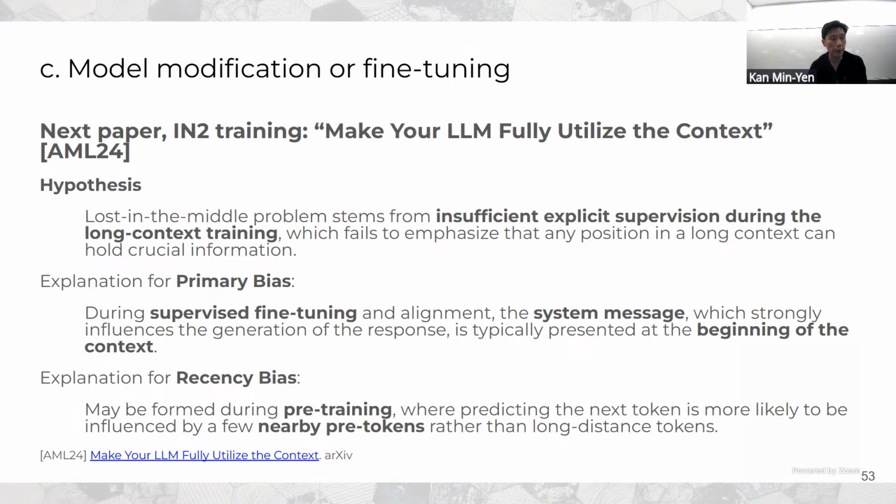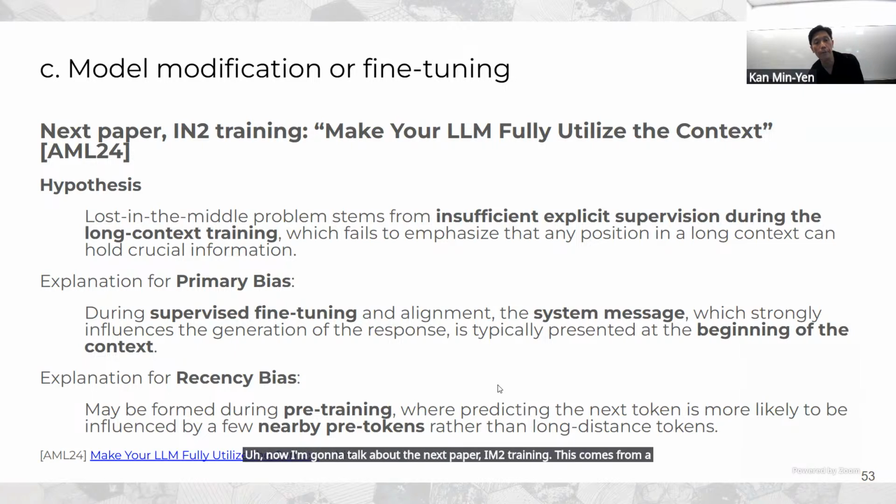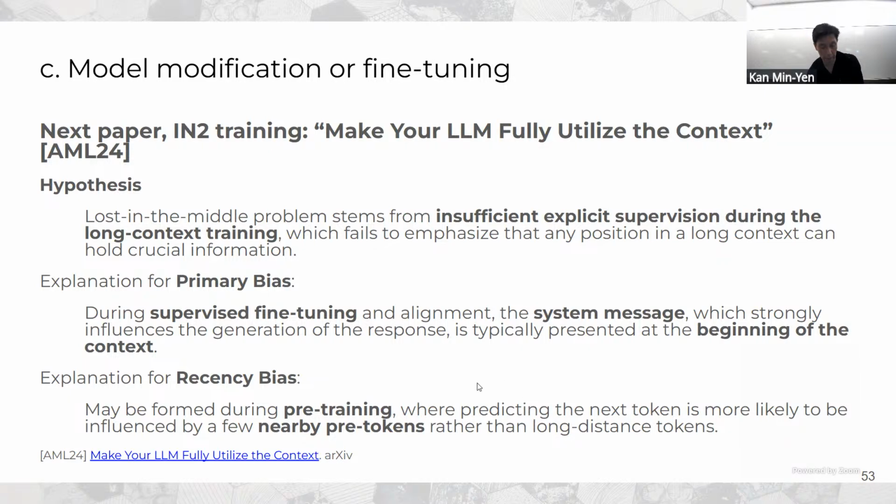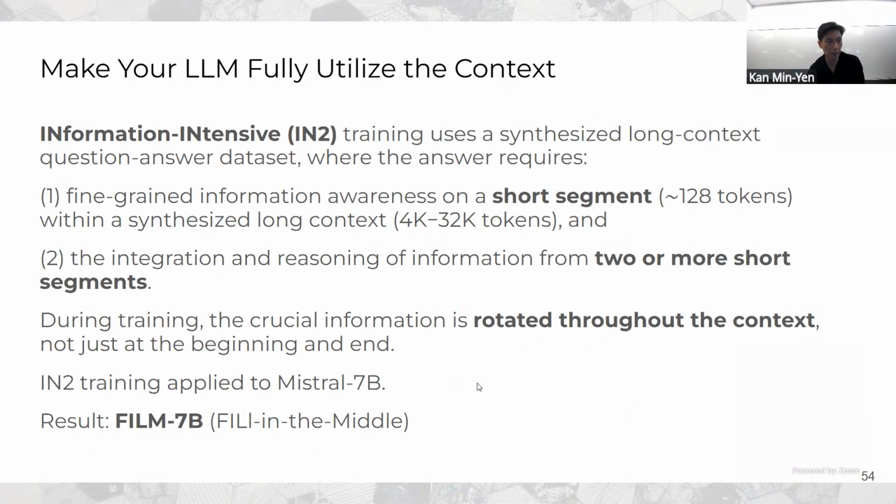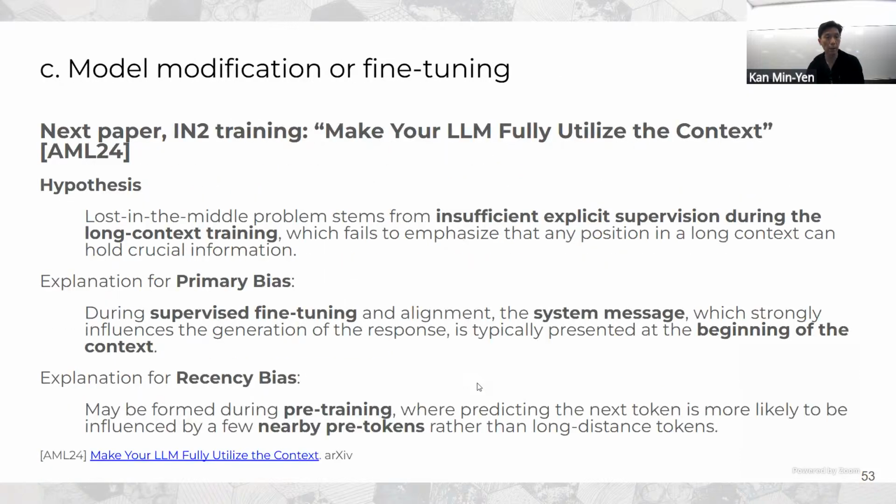Now I'm going to talk about the next paper, IN2 training. This comes from a paper called Make Your LLM Fully Utilize the Context. Okay, so this is similar to the attention calibration thing.